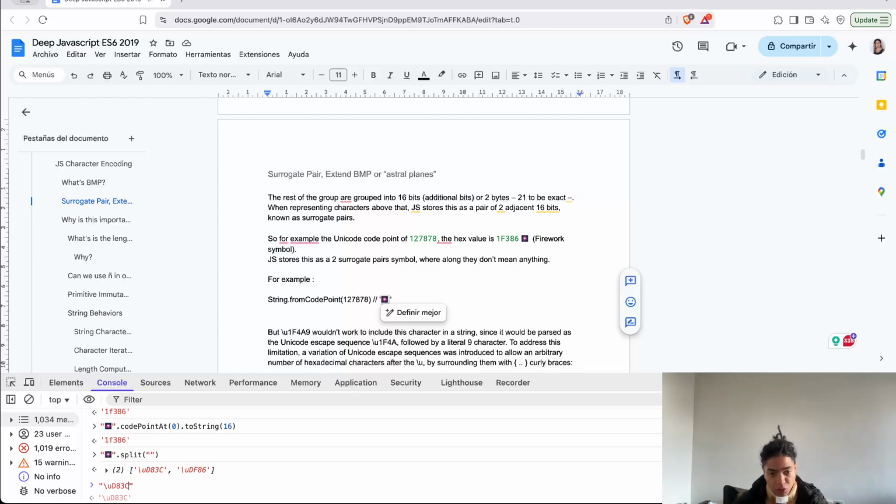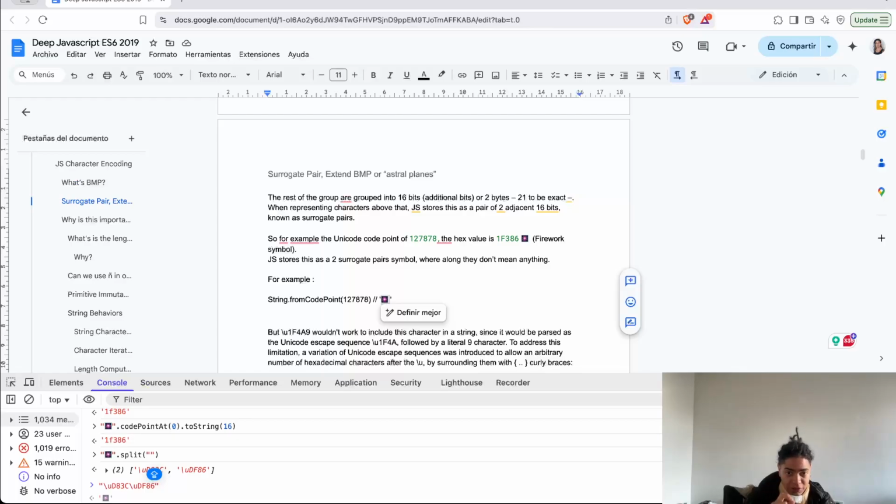But when you combine them, JavaScript understands those two Unicode units as one single symbol.